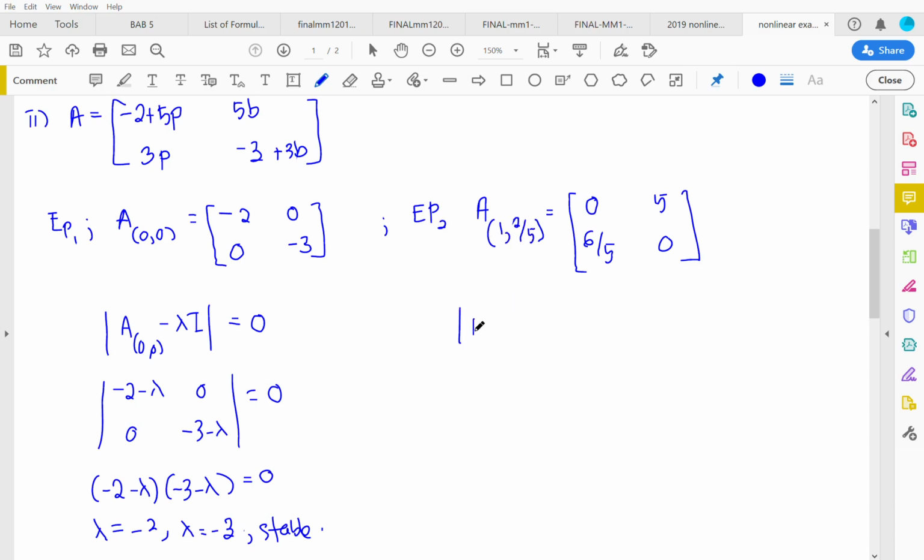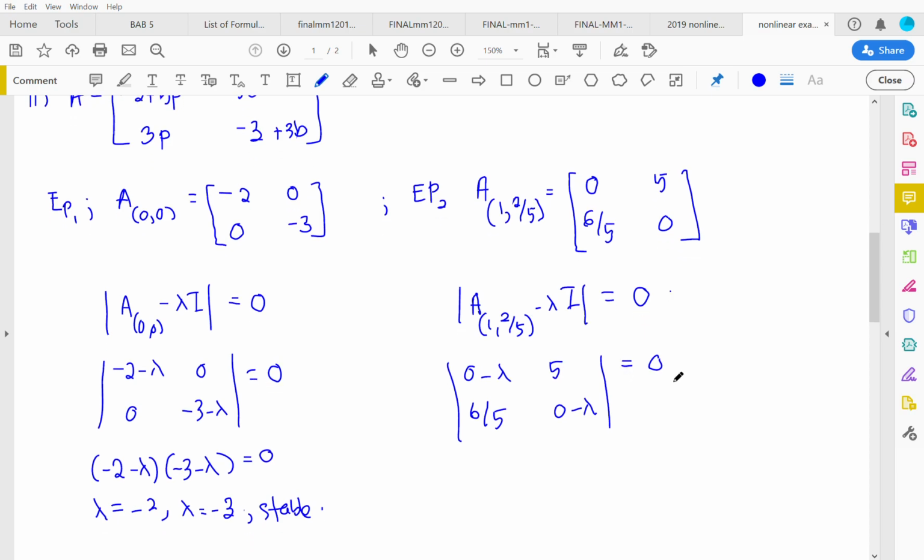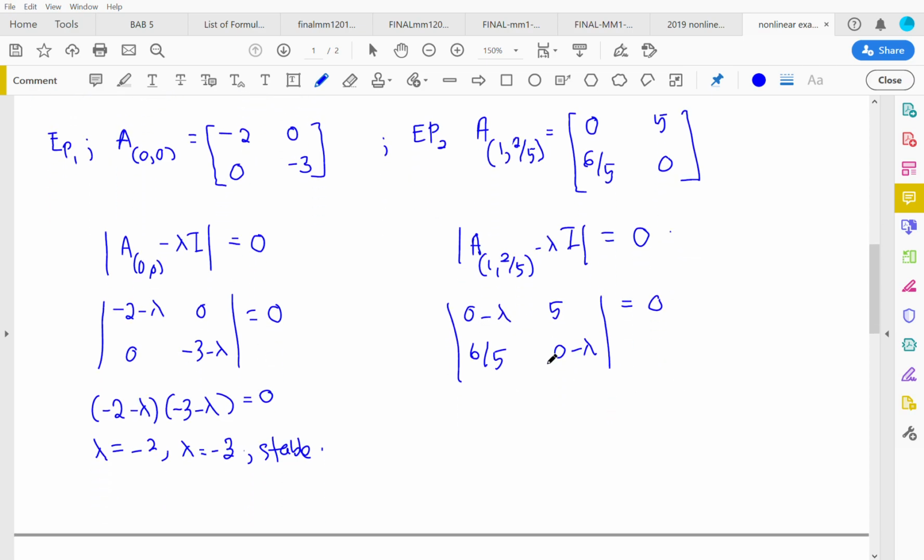So we have A at this point minus lambda I, which we have to calculate in order to get its eigenvalue. So 0 minus lambda, here 6 over 5, 5, 0 minus lambda, determinant equals 0. So we have lambda squared minus 6 equals 0, where lambda equals plus or minus square root of 6.